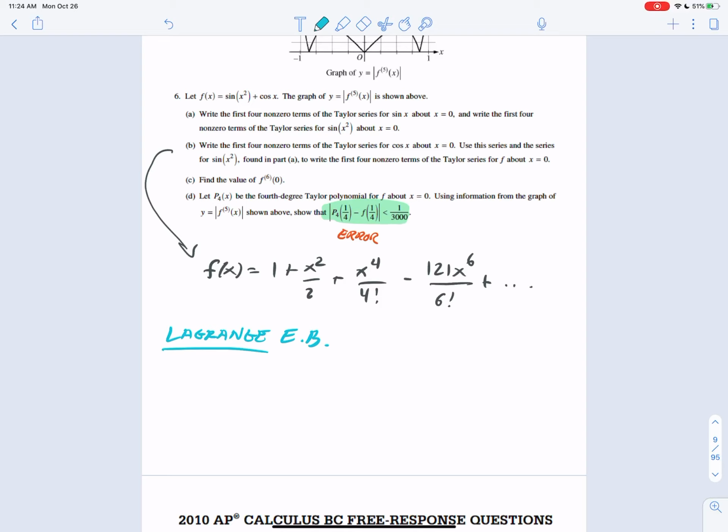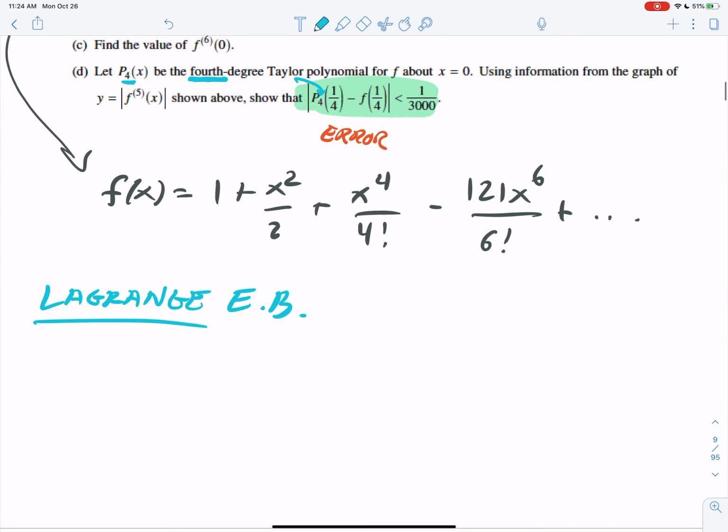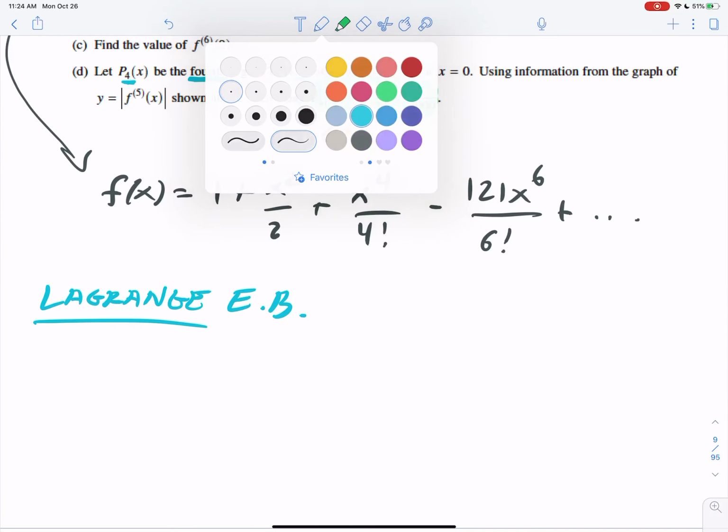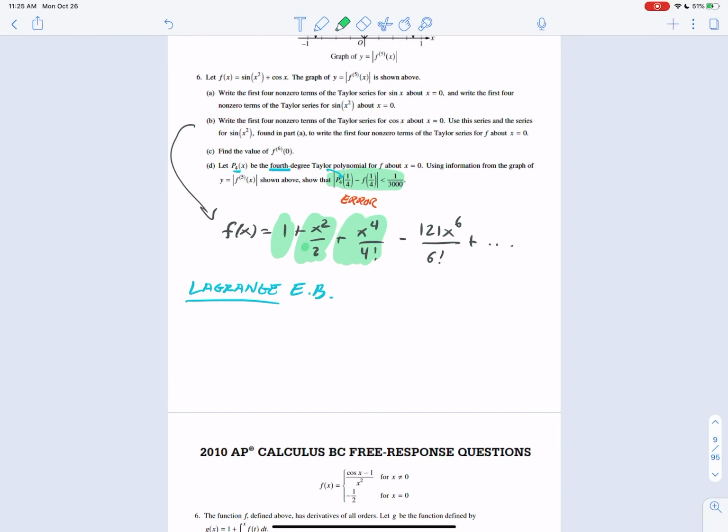So here we go up to the 4th degree. The 4th degree, okay? So the 4th degree happens to be up to that right there, okay? So right after the 4th degree is the 5th degree, okay?